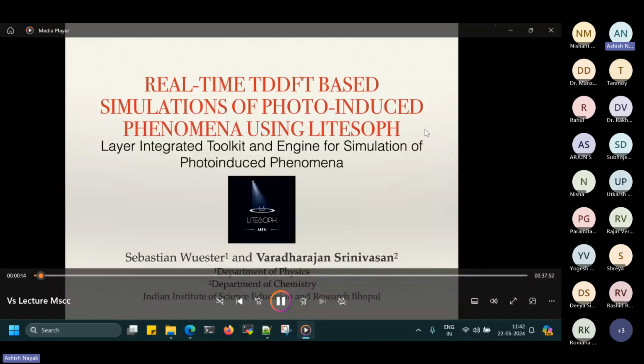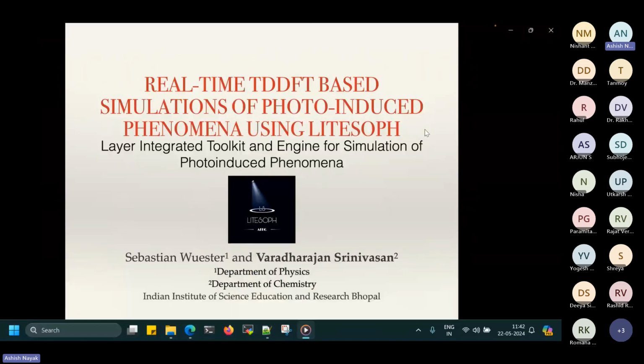I'm Varatharajan Srinivasan, and at the outset, let me thank the CDAC team for conducting this workshop. And also, I would like to apologize for not being here because of a conflict with my travel schedule. I hope that my students who will be conducting the tutorials for you will be able to not only demonstrate the capabilities of our code, but get you started in the field of excited state dynamics through applications of the LITESOPH suite of programs.